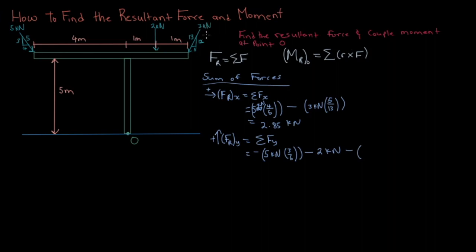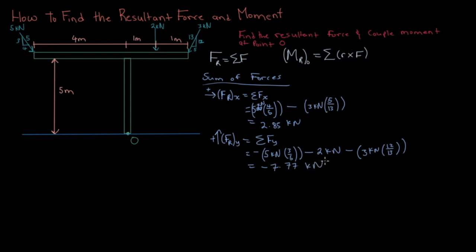We just multiply 3 by the ratio of 12 to 13, the y component over the hypotenuse. So it's going to be 3 kilonewtons times 12 over 13. When we punch all that into our calculator, you would get negative 7.77 kilonewtons.